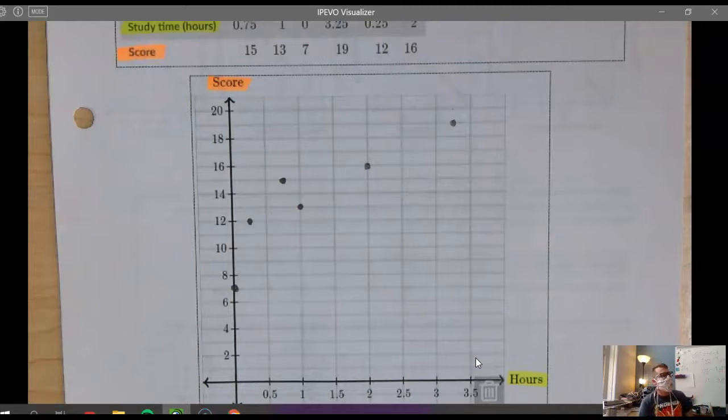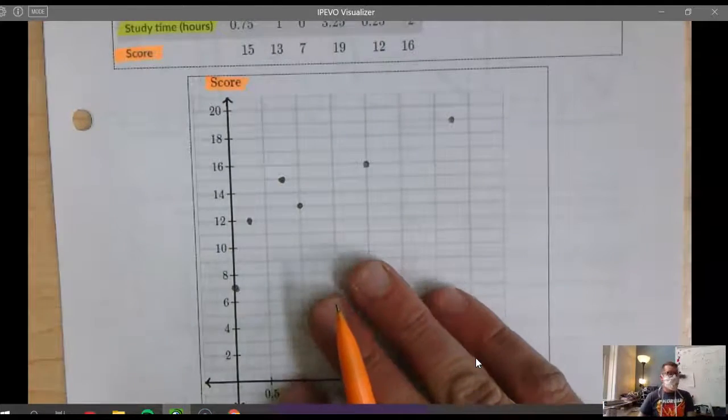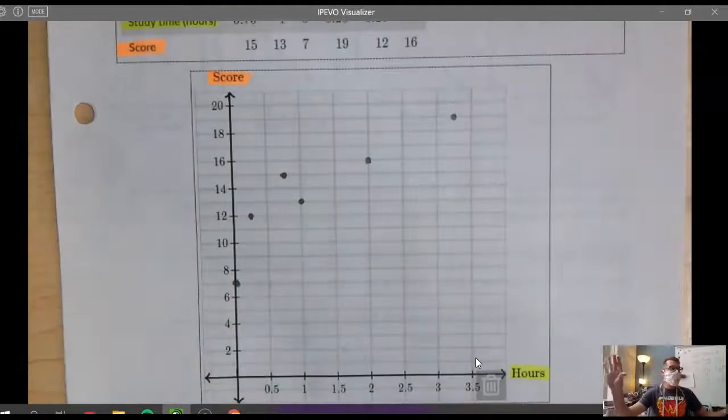Adam? Can you explain said trend? Wait a minute. You mean to tell me that if you study, you might do better? So, if we were asked to describe what we see, this does not mean it's a fact, right?